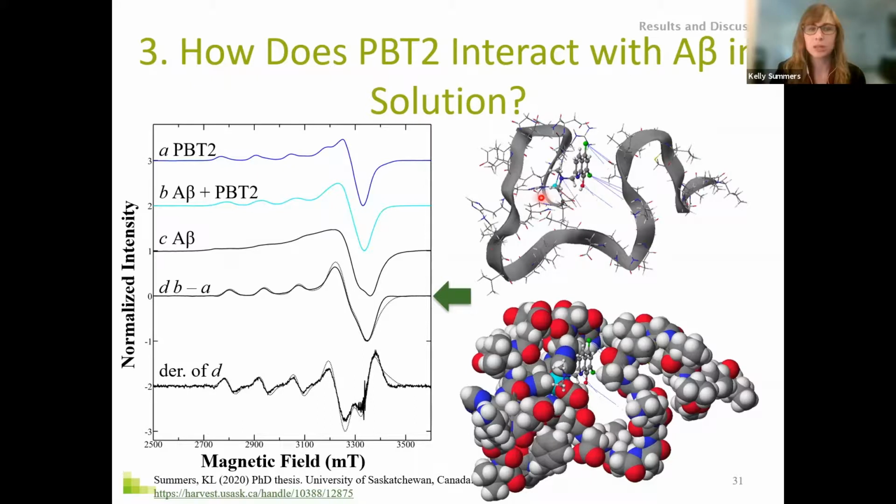And I haven't shown clioquinol, but basically clioquinol has no problem slipping into this pocket and likely has much easier access to this copper than PBT2. This 2-position substituent kind of gets stuck on the outside of the peptide, and it doesn't slip as readily into this pocket. So this is kind of our working hypothesis that there may be a couple of different conformations, one that's more accessible to PBT2.